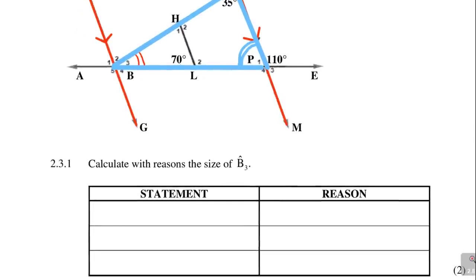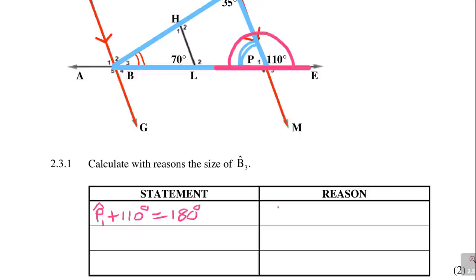Now P1, if you notice, is in a straight line. You see P1? There is a straight line. And if I look at this straight line, what is the sum of angles in a straight line? It's 180. Remember, you're going with a statement. You can say angle P1 plus 110 degrees is equal to 180.